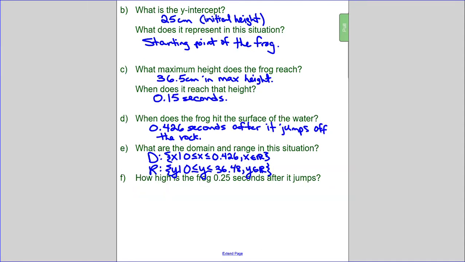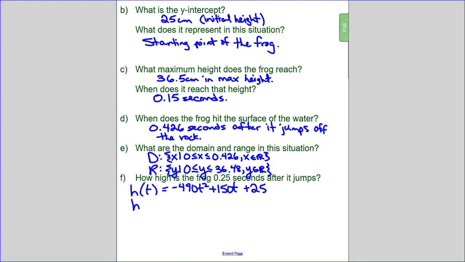Now, the last part here: how high is the frog 0.25 seconds after it jumps? Well, I've got an equation set up for this. Remember our equation from this problem is h(t) = -490t² + 150t + 25.